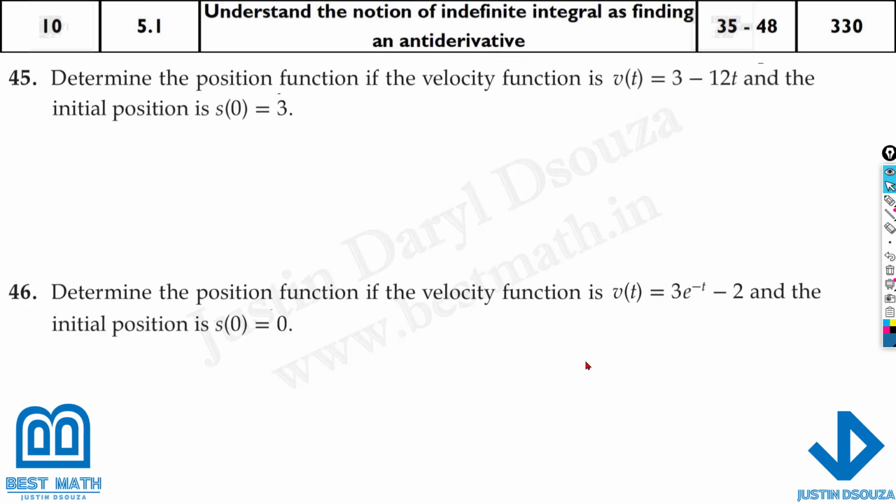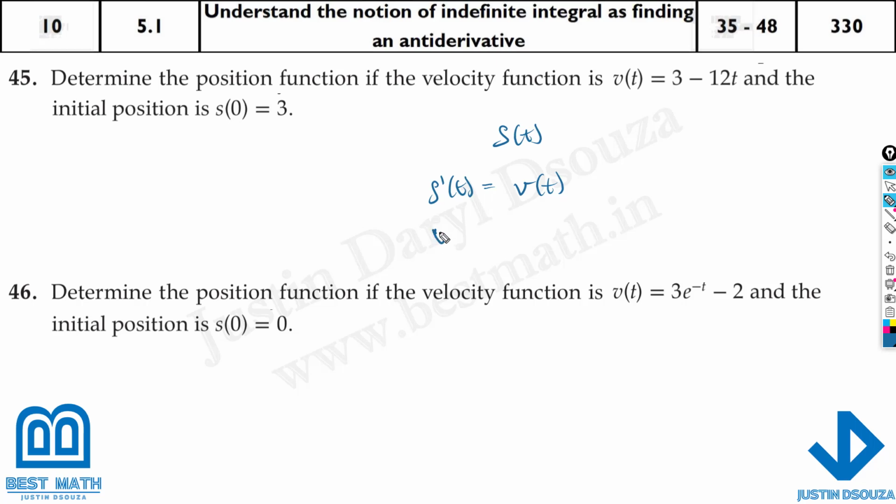Now, finally, the last three problems. Determine the position function if the velocity function is v of t, that's given over here, and the initial position is s. Now, in term 1, if you remember the derivatives, we had position s of t. We derived this, the derivative of s of t would be the velocity function, right?